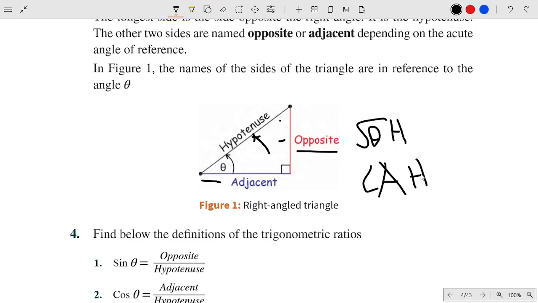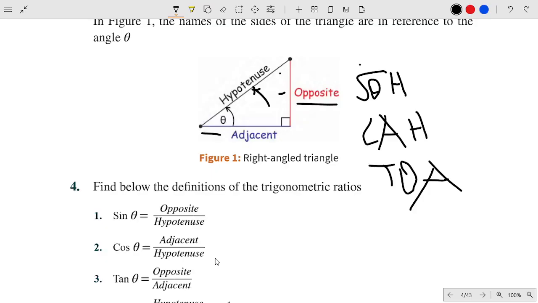With SOH CAH TOA, the first one, S, represents sine, which is equal to O, the opposite, on H, the hypotenuse. So sine is equal to opposite on hypotenuse.